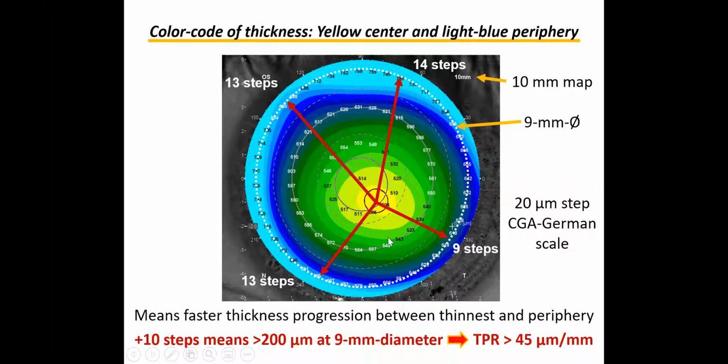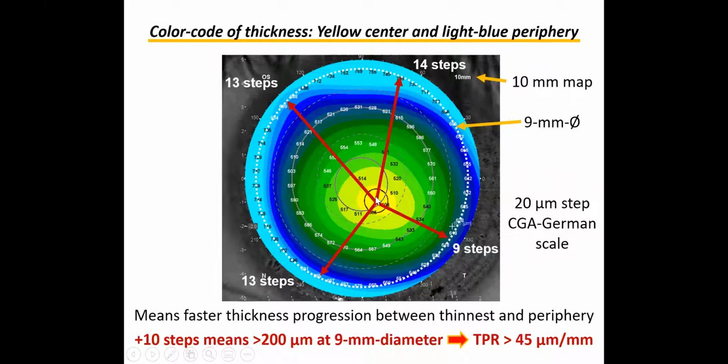And this is the way I prefer to see the pachymetry maps now, in 10 millimeters. And you can see that there is a last row of numbers exactly at 9 millimeters from the center.